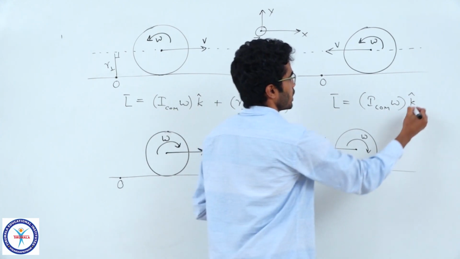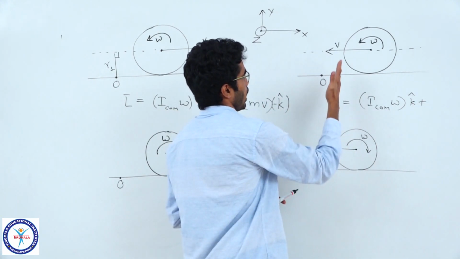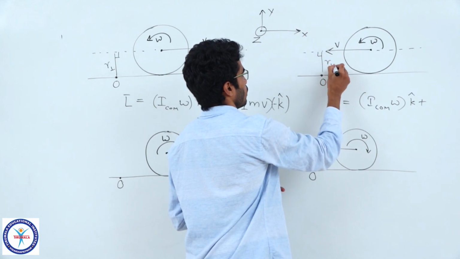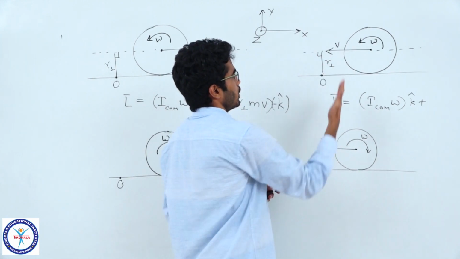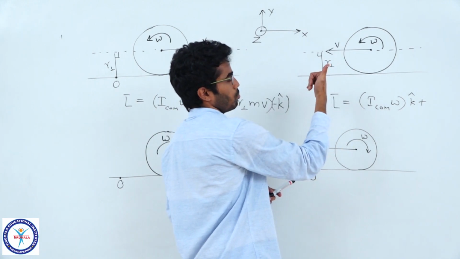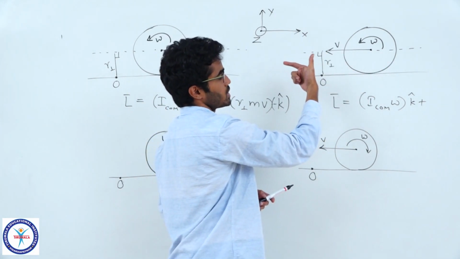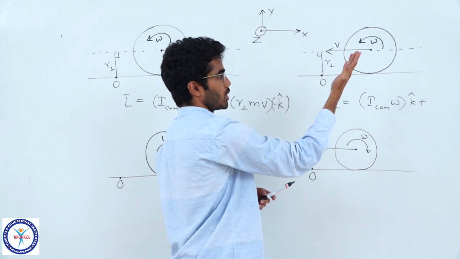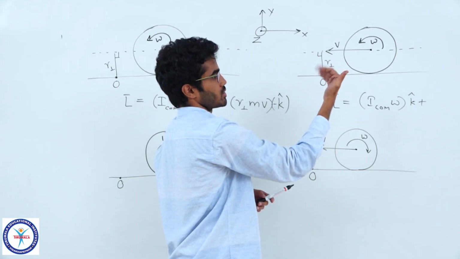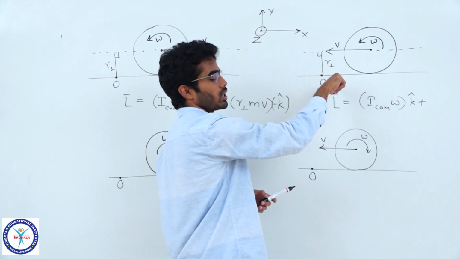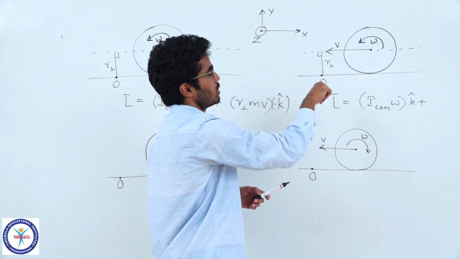So, k cap plus r perpendicular cross the momentum vector. Velocity is pointing towards left. So, momentum will be towards left and you have to curl your fingers towards that direction, not the other direction. That would give you inward direction, which is a wrong result.